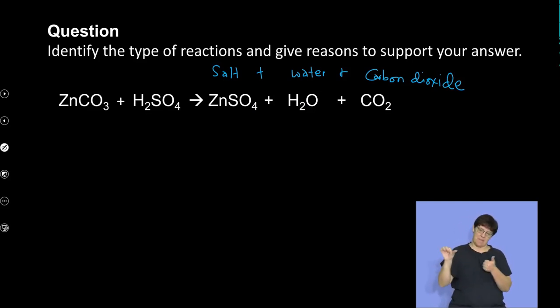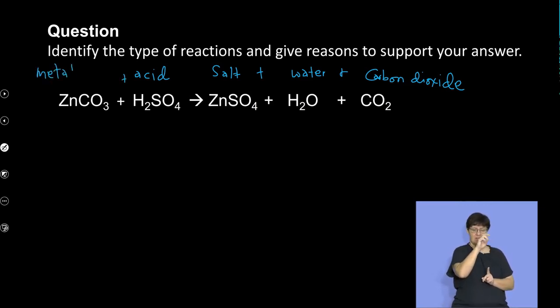If a salt is one of the products formed, it means that an acid should have been one of the reactants. So we identify sulfuric acid as an acid, right? But for us to get carbon dioxide, we also want to recognize that this is a metal carbonate. Zinc carbonate.